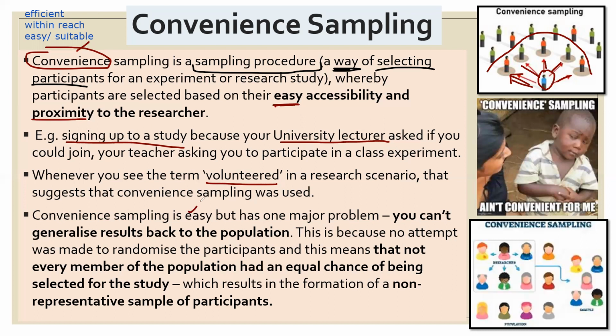Convenient sampling is easy and good, and it's got all these benefits, but it's got one major problem, and that's that you can't generalize the results back to the population, okay? That's because the people that you chose to be in your study are generally what we call a biased sample, okay? It's not like we gave everyone a chance to take part.